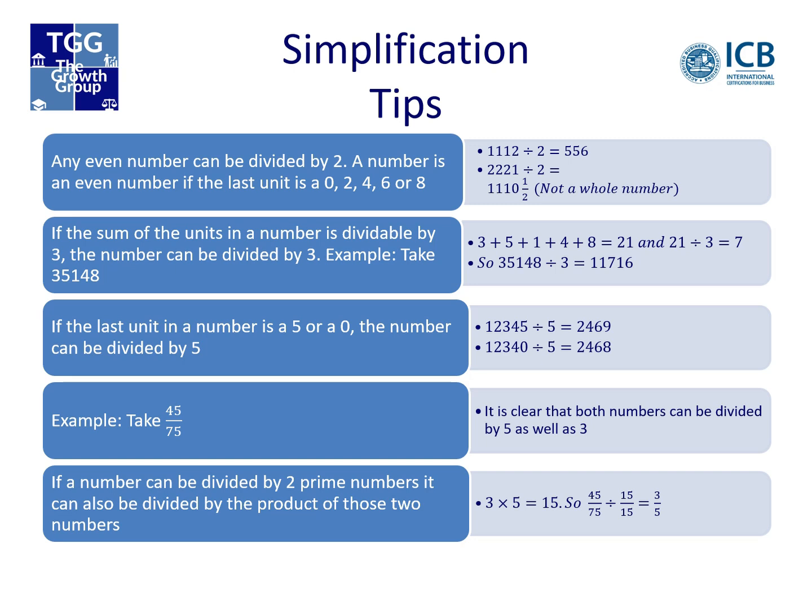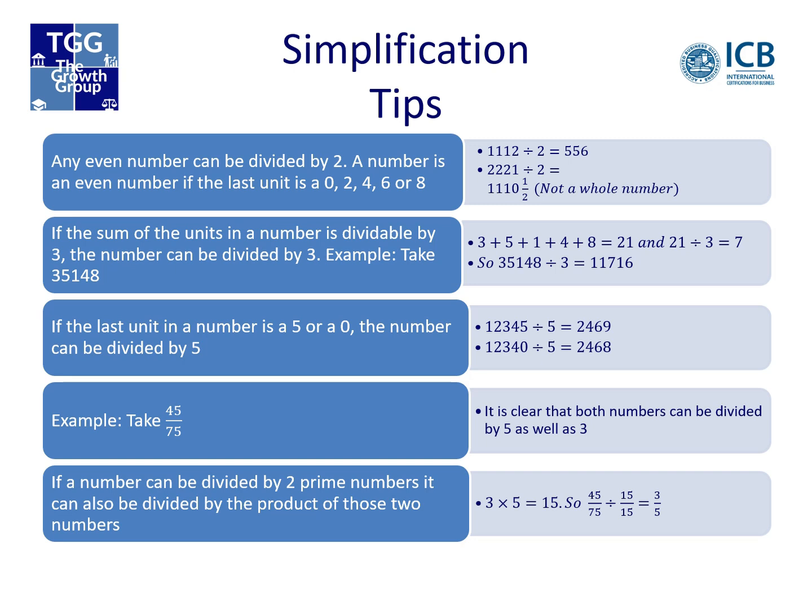Now, knowing that, take the following example. I want you to look at a number like 45 over 75. Now, if we use the rules that I've just given you, it is clear that both numbers can be divided by 5 as well as 3. And now we get the fourth tip. It says, if a number can be divided by two prime numbers, then it can also be divided by the product of those two numbers.